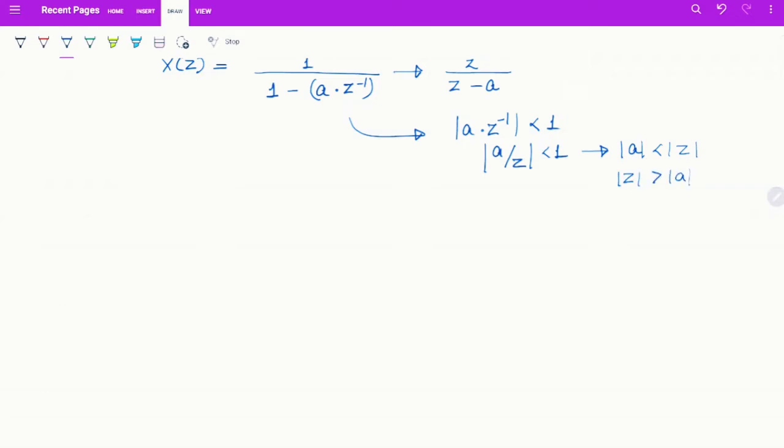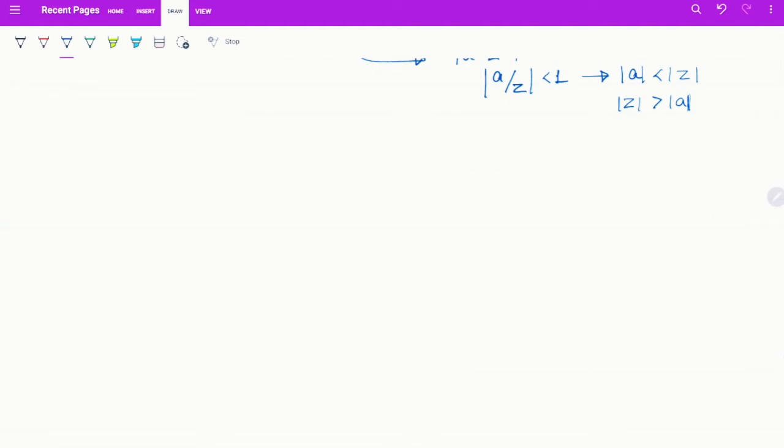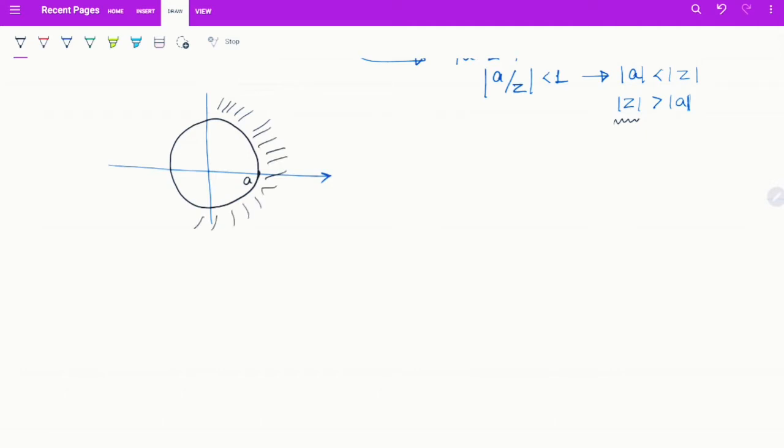How are we going to plot this? Suppose this is a. Make a circle, and the region of convergence should be greater than the magnitude of a. So the region of convergence should be outside this.